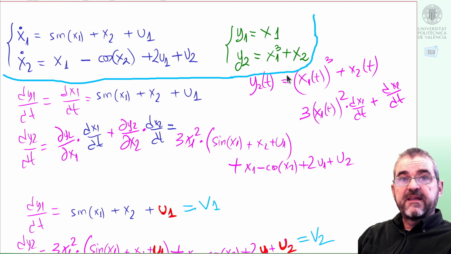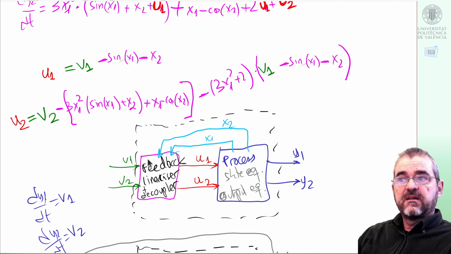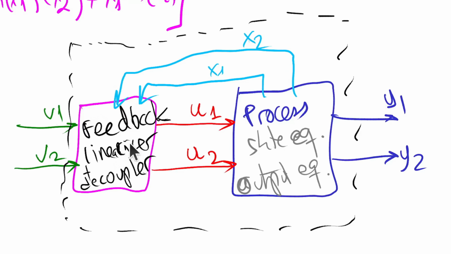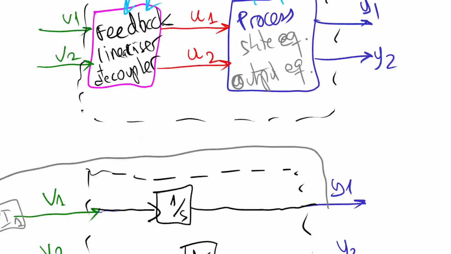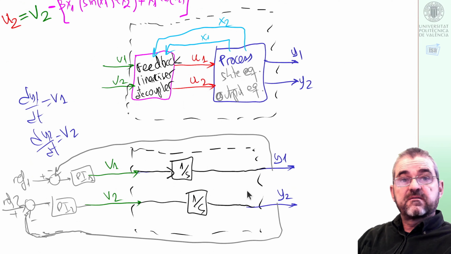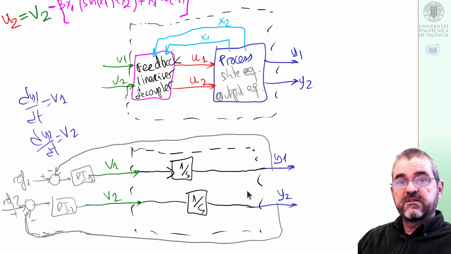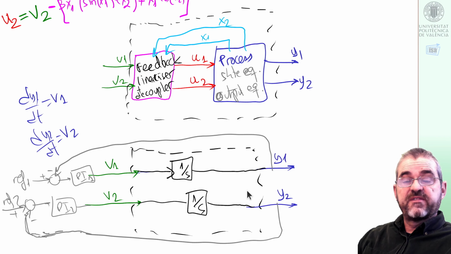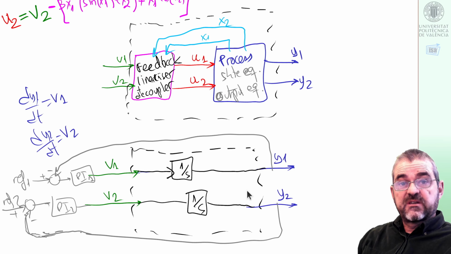And then by programming some equations into this feedback linearizer plus decoupler, of course we need state feedback, we can transform the system to be apparently a diagonal transfer function matrix containing only integrators in the diagonal. So if this works, then subsequent control design can be easy because it's linear and decoupled.